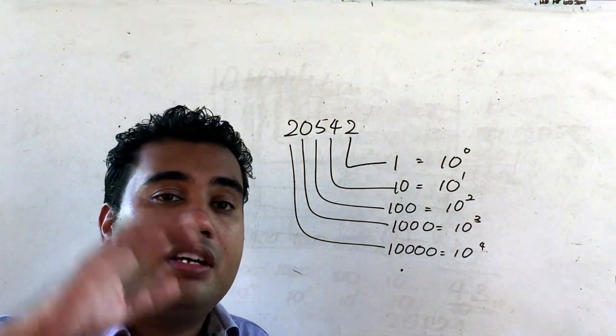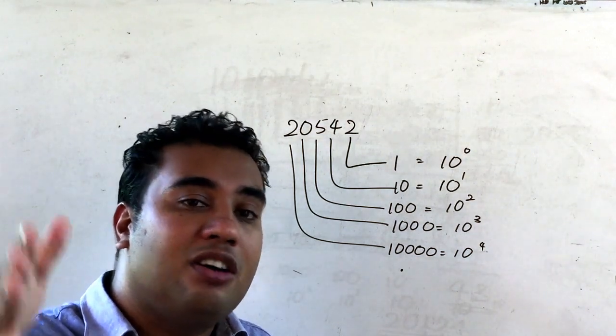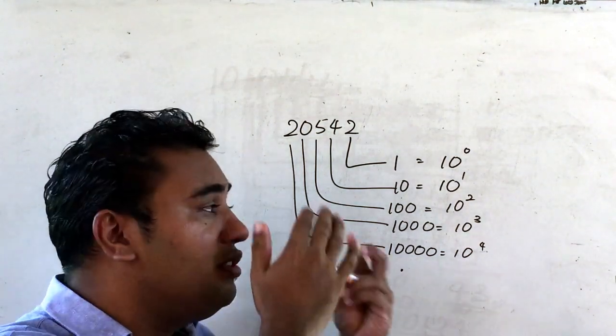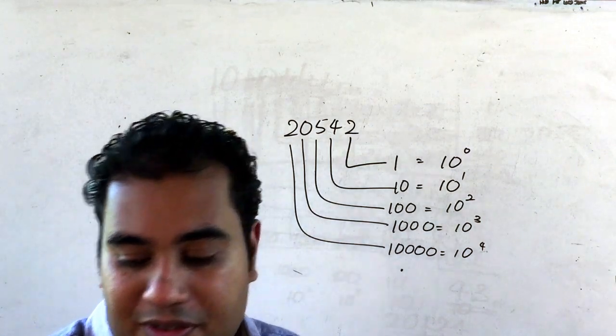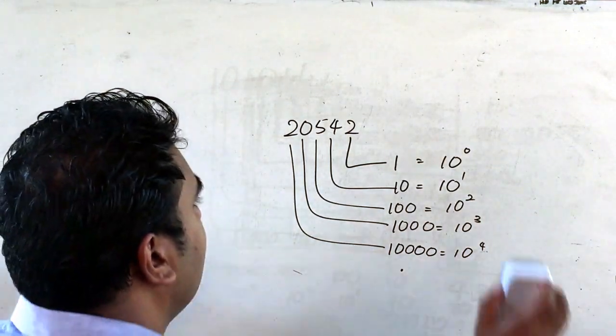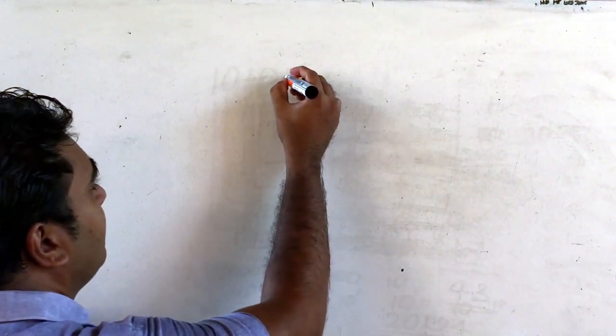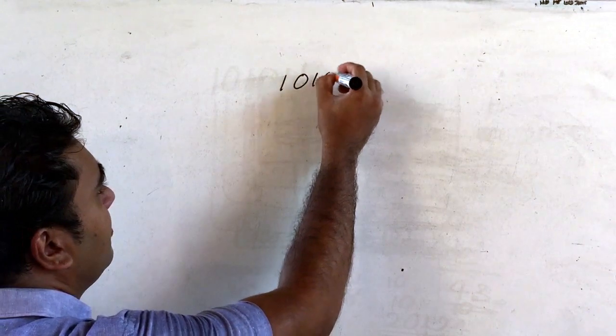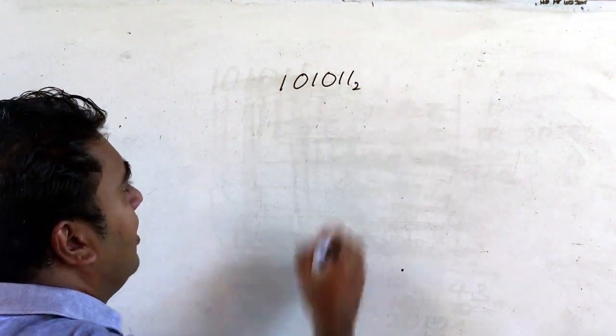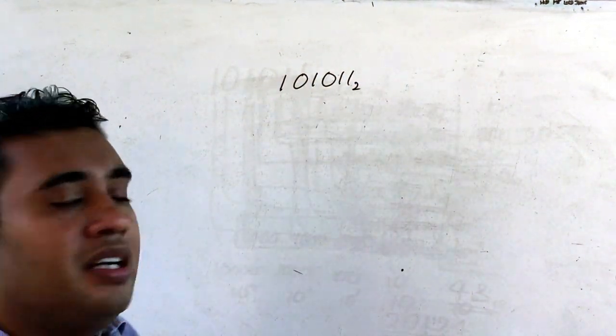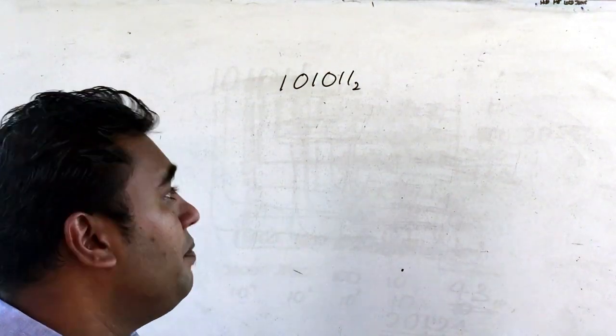To convert numbers from binary, octal, hexadecimal, we are going to use the concept of place value. Okay, let's take this binary value.